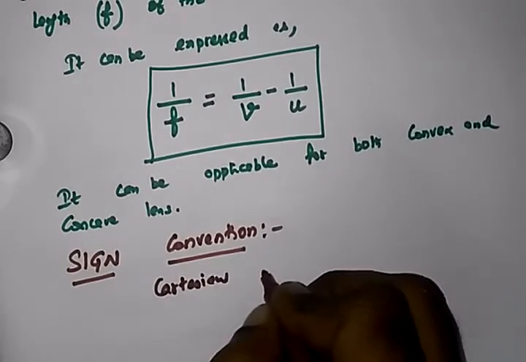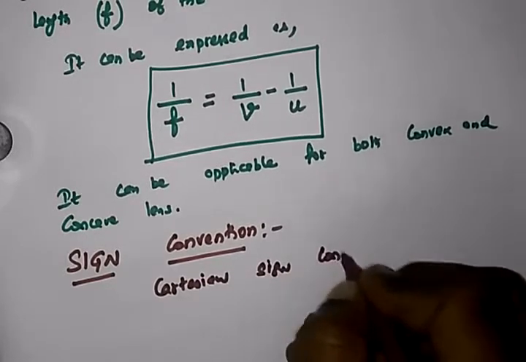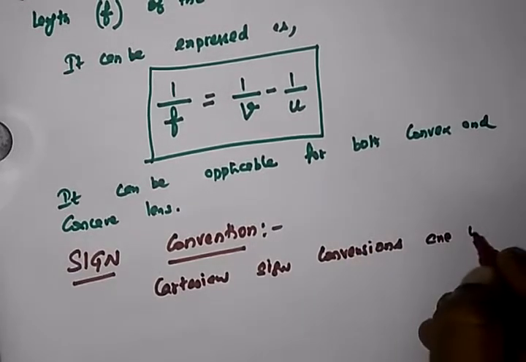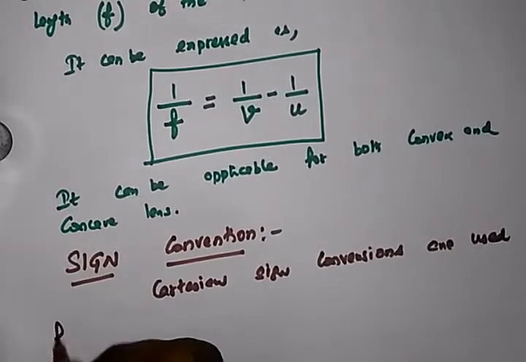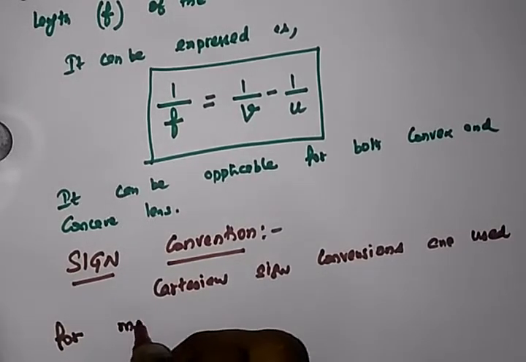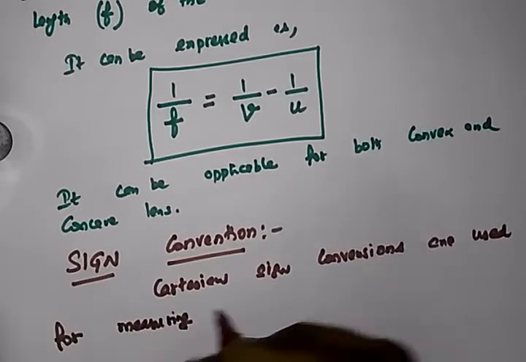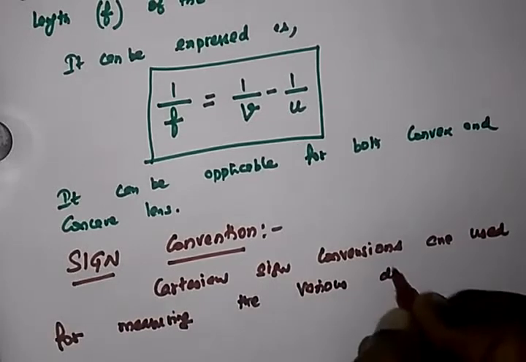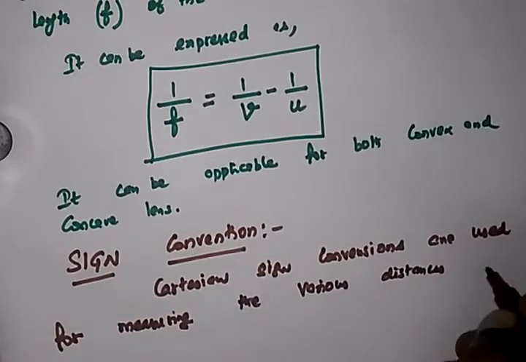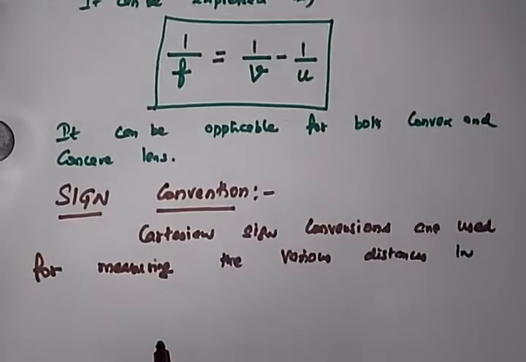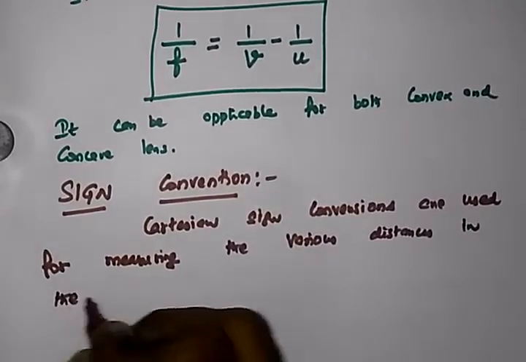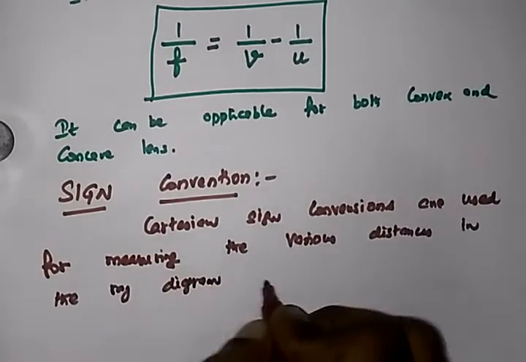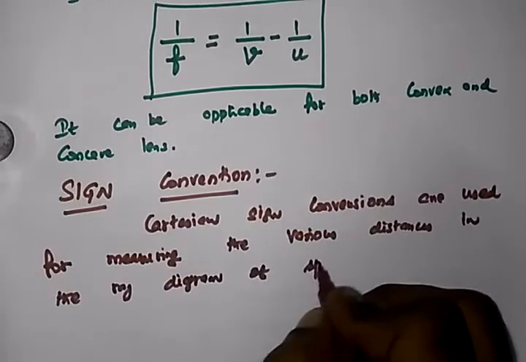Cartesian sign conventions are used for measuring the various distances in the ray diagram of spherical lenses.